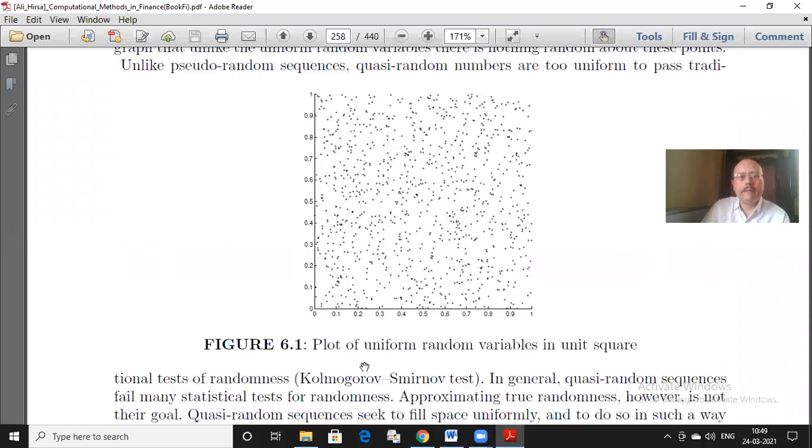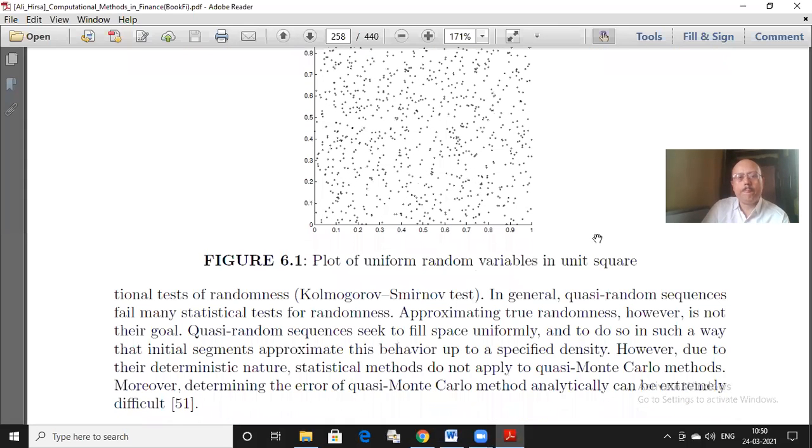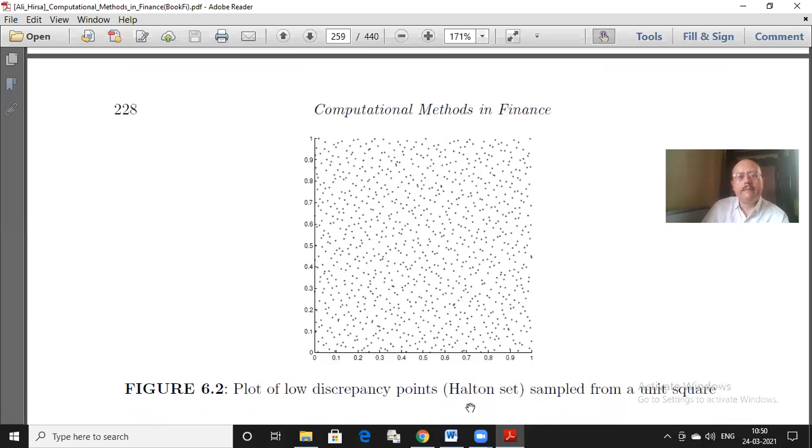So can you see figure 6.1? Yes, sir. So figure 6.1 is actually a uniform sample. I have picked uniform samples on the unit square, so S equal to 2. And you can see that there are spaces which are more densely sampled and spaces which are less densely sampled. Now, compared to that, look at the Halton set.